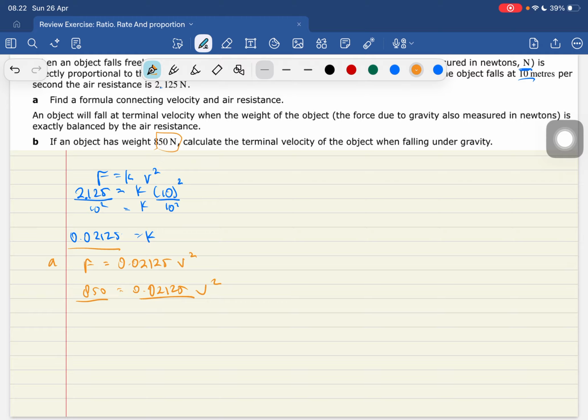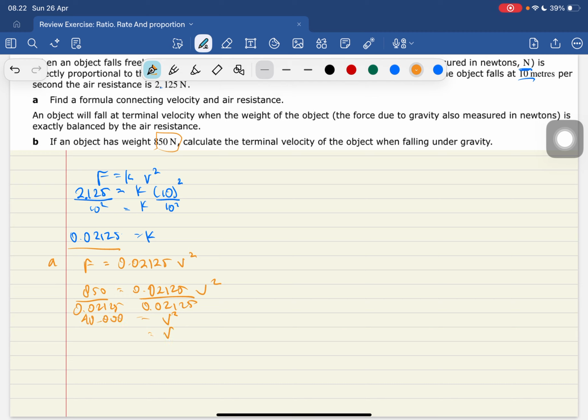So we divide both sides by 0.02125. Then it's going to be only velocity squared. So here 850 divided by 0.02125 gives us 40,000.